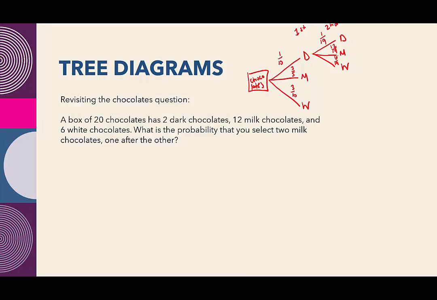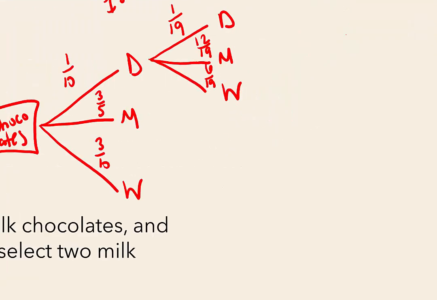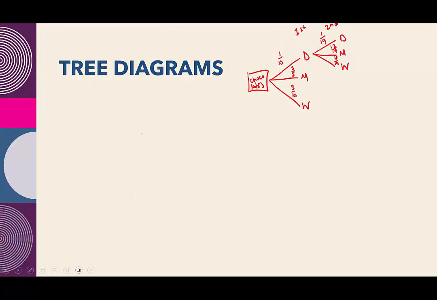I like it. And then the way we use the tree diagram is we could put the probabilities of each event right behind the very last column that we would have. So because we're talking about selecting 2 chocolates, we would just put the probability right here. This D right here represents dark then dark.